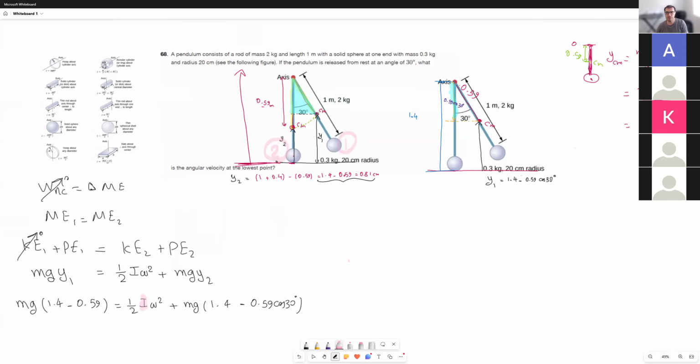What are we going to do for I? I is going to be I of the rod plus I of the sphere. I of the rod is a rod rotating about an axis that passes through the edge. Which equation should I use?